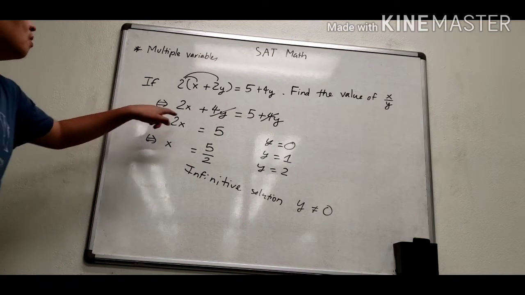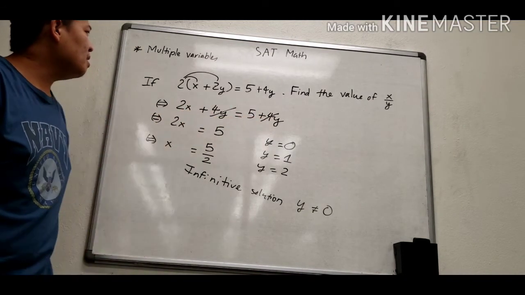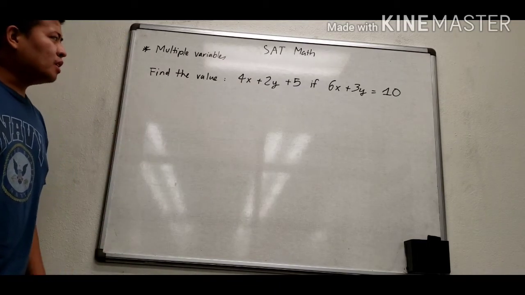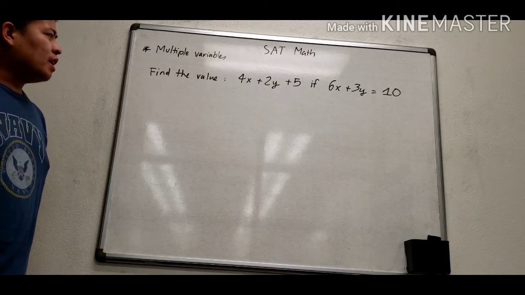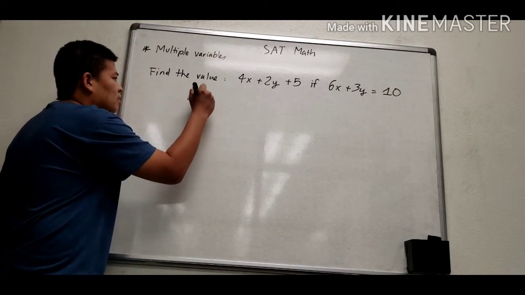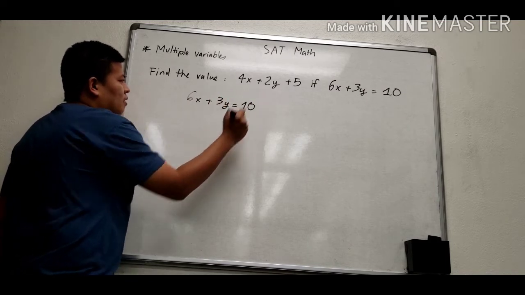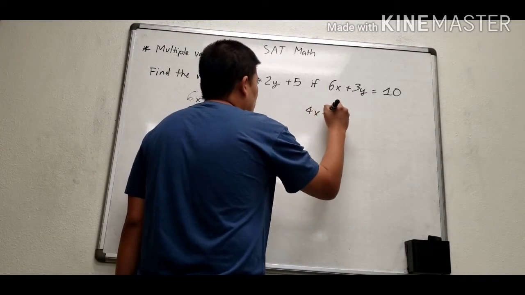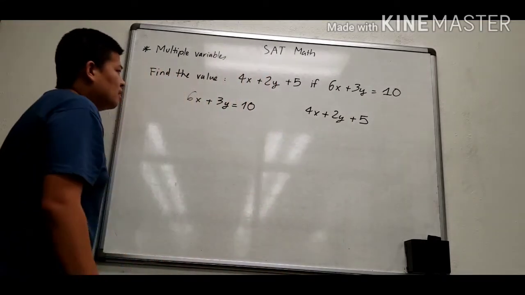If they have 2y the same together and they eliminate together, so find the value of 4s plus 2y plus 5 if 6s plus 3y equals 10. So in here we have 6s plus 3y equal to 10, and we have 4s plus 2y plus 5 in here.